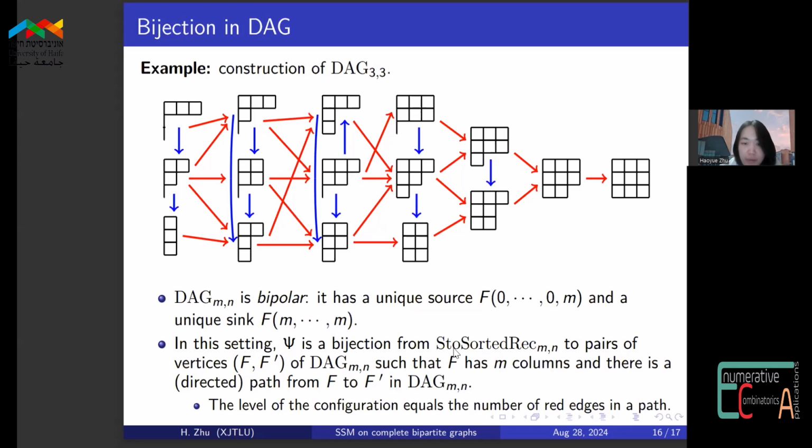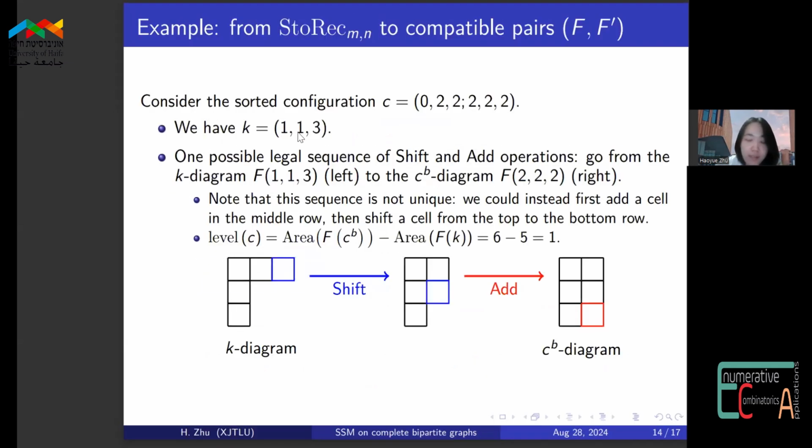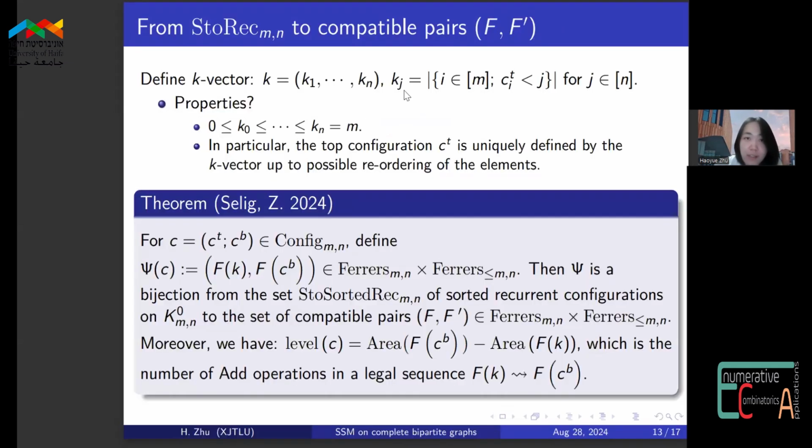But here we need to make sure the first Faro diagram F has m columns like this, because if we go back to our key vector, you can find the last element kn should be the number of all the elements in the top configuration.